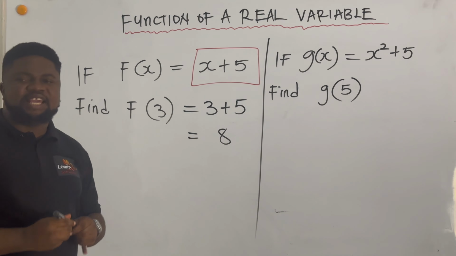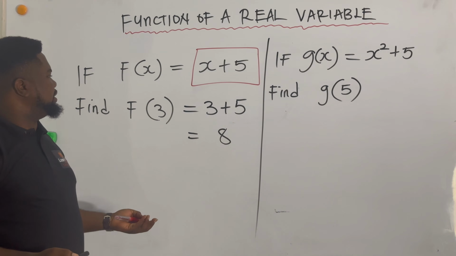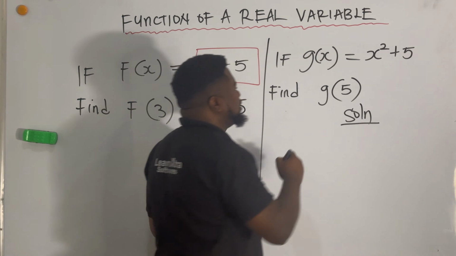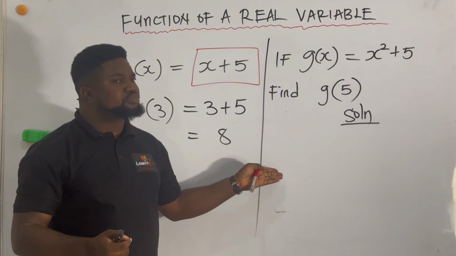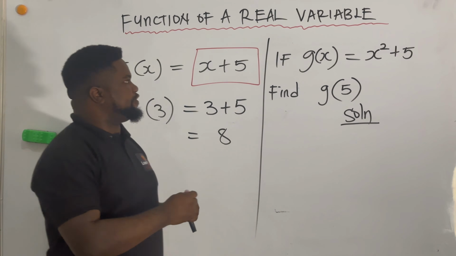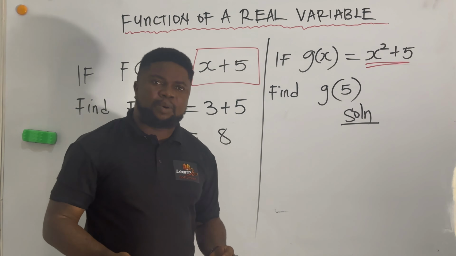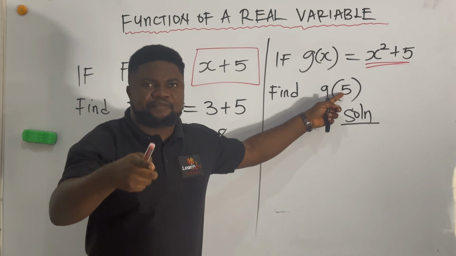Can we? Yes, we can. How do we solve this? The rule here for this function is x squared plus 5. And our input is what? 5.